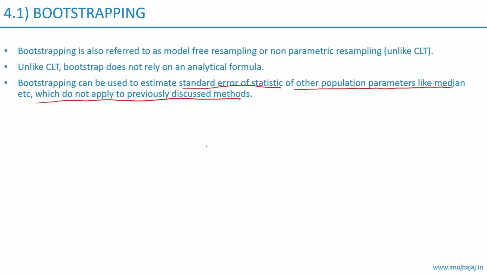So the central limit theorem can be used to find only the standard error of sample means. It cannot be used to find the standard error of sample medians, whereas bootstrap can be used to find the standard error of the sample mean as well as the sample median and other population parameters too. So bootstrapping has many advantages over the central limit theorem.